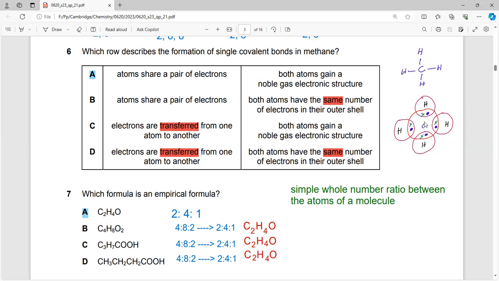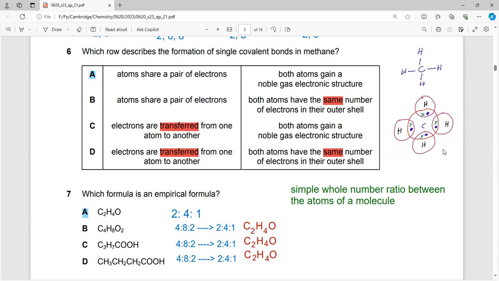In the outermost shell of the carbon there are 8 electrons, completing the octet rule, while the outermost shell of each hydrogen contains 2 electrons, completing the duplet rule.